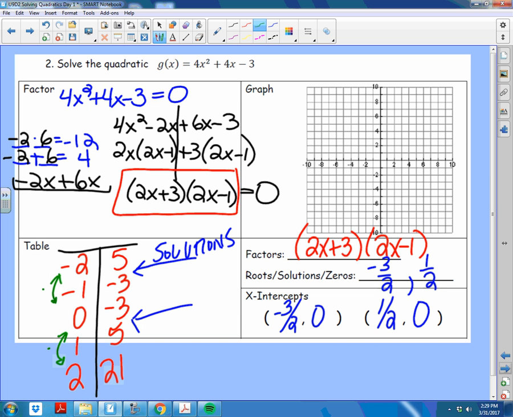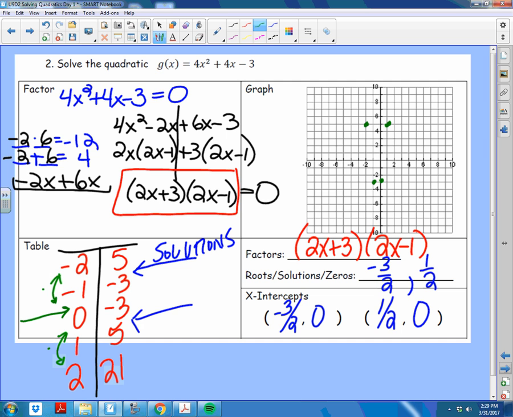So same thing on the graph. Negative 2, positive 5 is right here. Negative 1, negative 3. This is a very narrow parabola. 0, negative 3. But before I graph it, what must I find? Vertex. Vertex is right in here.